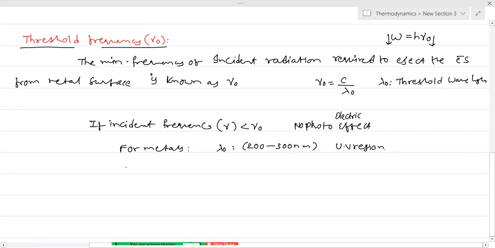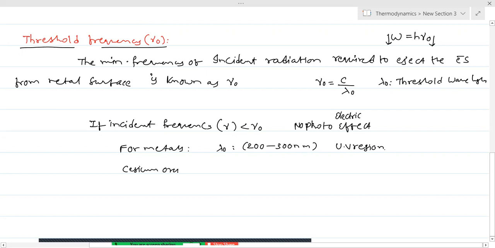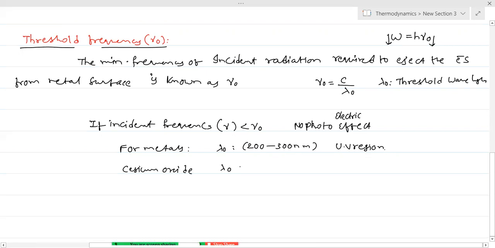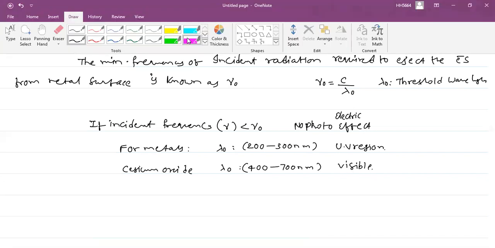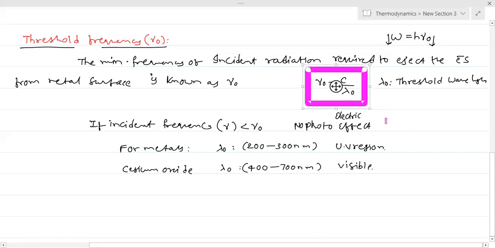When we take cesium oxide, lambda naught has a value of 400 to 700 nanometers. These values are important. This lies in the visible region. So this is the minimum frequency to begin the photoelectric effect.